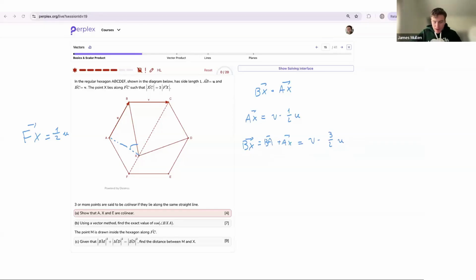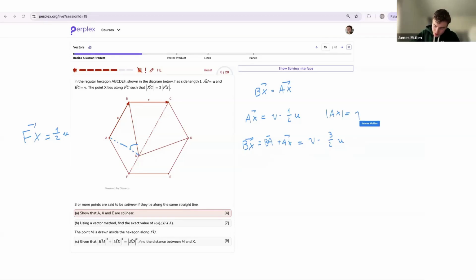Okay? Now, if I were to try and find the magnitude of ax, hang on, the magnitude of ax is going to be this dot product with itself, ax dot product with itself, square root.